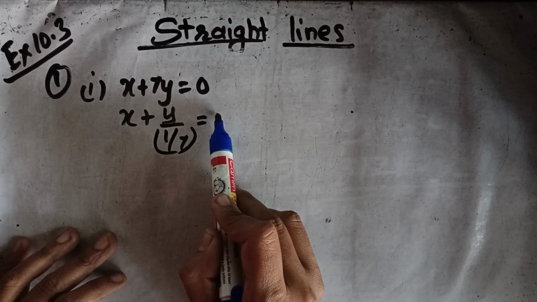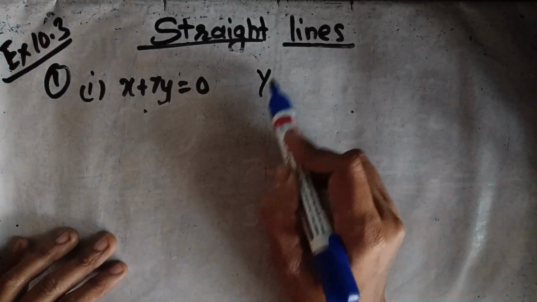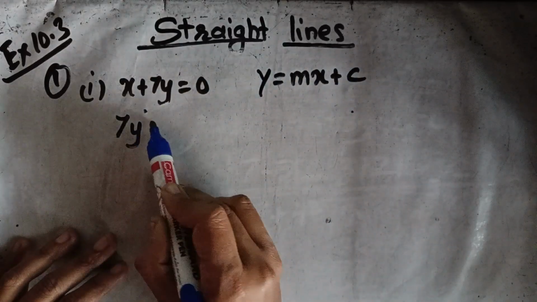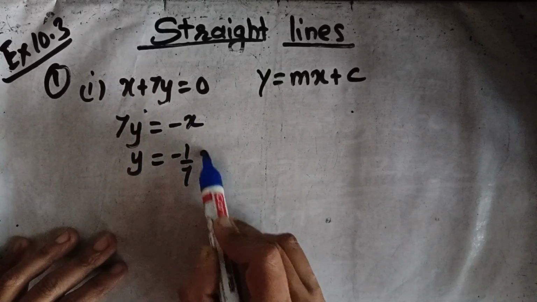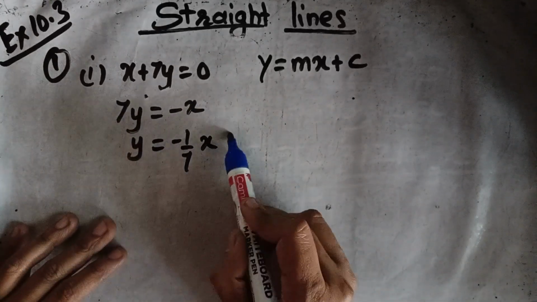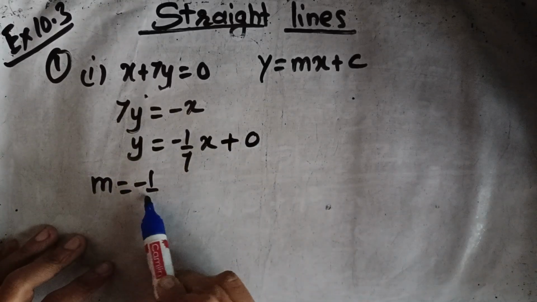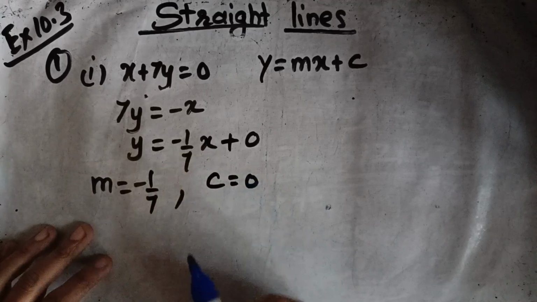This we have to write in terms of slope-intercept form, that is y equal to mx plus c. So this becomes 7y equal to minus x, so y is minus 1 upon 7 x plus 0. So m is minus 1 by 7, which is our slope, and the y-intercept is 0.